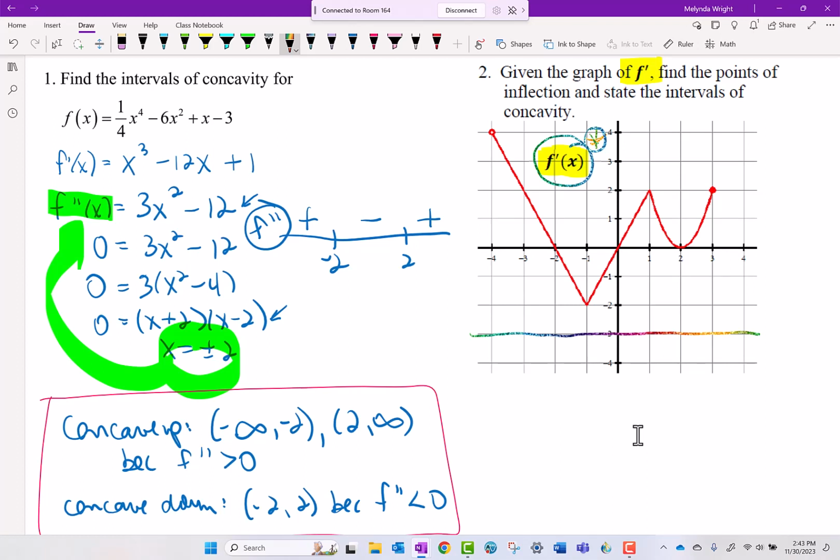Now, we need to think about this. How do I read the second derivative off of a first derivative graph? What am I looking for? I'm looking for slopes. So my critical numbers would be where the slopes change. So at -1, at 1, and at 2.